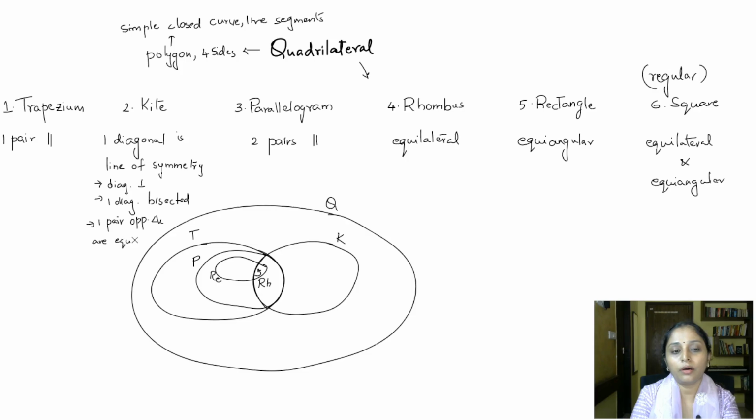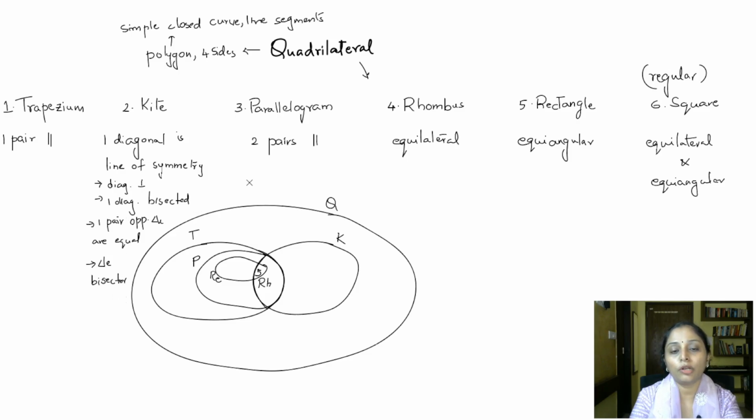And then one more property that we noticed was that the diagonal which is the line of symmetry is the angular bisector for the other two angles, the unequal angles. Now see, one pair of opposite angles are equal and the other pair is bisected by the line of symmetry. Okay, so the line of symmetry is nothing but the angular bisector. So these are the four properties that we have seen for a kite.